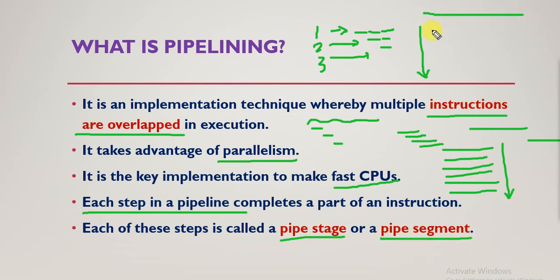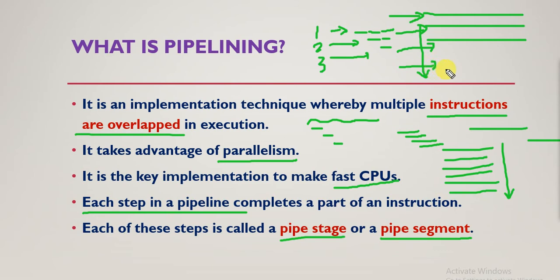This is one instruction, second instruction, third instruction. Every instruction will be going through some stages. First stage, what is the status? Now second stage, what is the status of all these instructions? Third stage, what is the status of all these instructions?